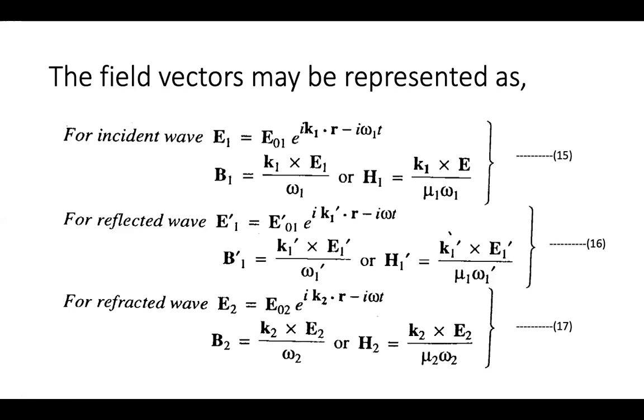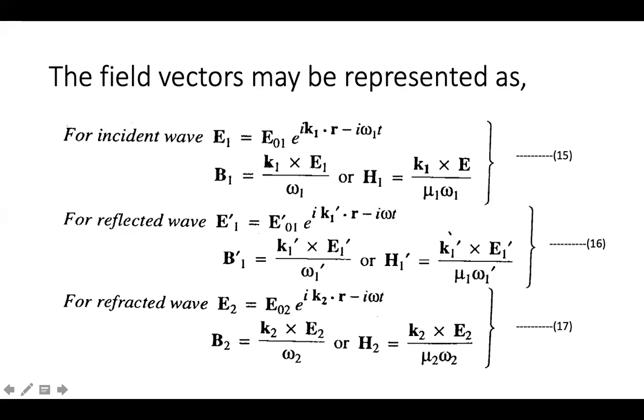So you have the maximum electric field. The electric field in medium 1 can be represented like this, where omega represents the frequency of the incident wave, and k1 is also for the incident wave. And as you know, B1 is equal to k1 cross E1 by omega. Why k1 cross E1 by omega?